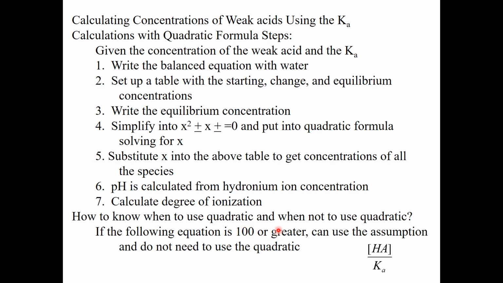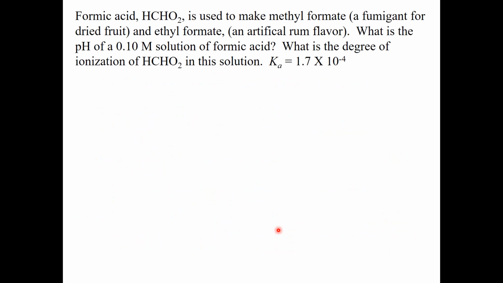So if I go back to this slide here and do this calculation real quick, where we used the assumption, I take the 0.10 divided by the 1.7 times 10 to the minus fourth. This is the HA concentration divided by Ka. When I do that, I get 588.